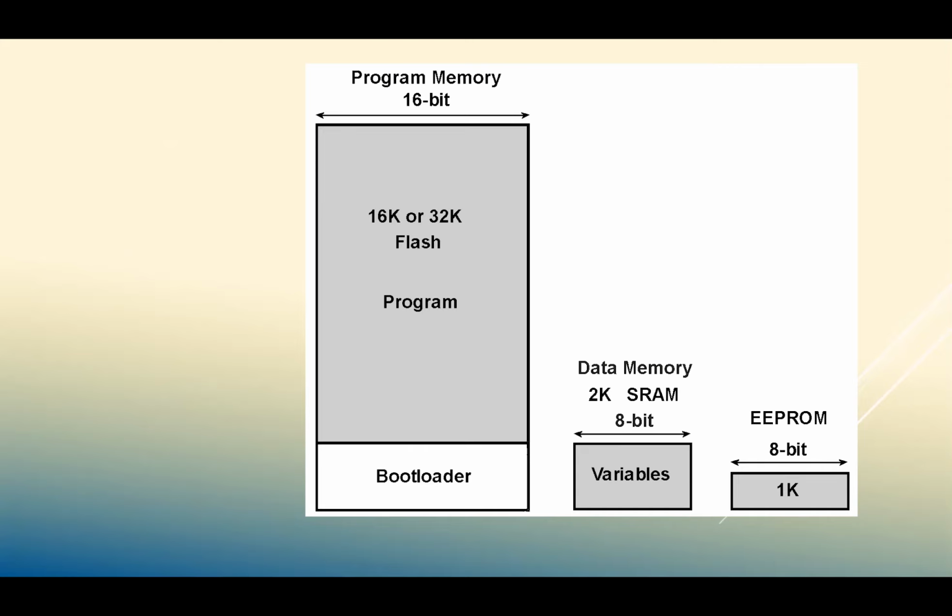So there's the memory you get inside in that Mega 328 or a 168, depends on the size. So you've got a block of memory, say that's 32K, but some of it is reserved for the bootloader if you go down that route. You'll see you've also got other blocks of memory, one for storing the variables, one for storing values once the power goes off.